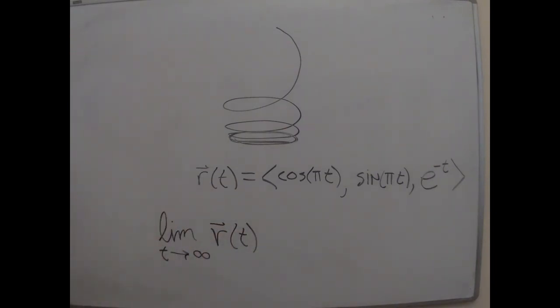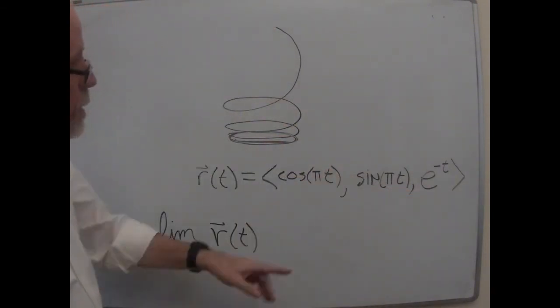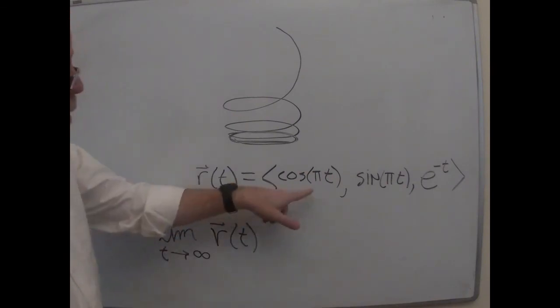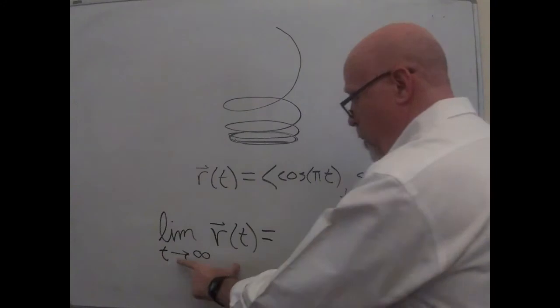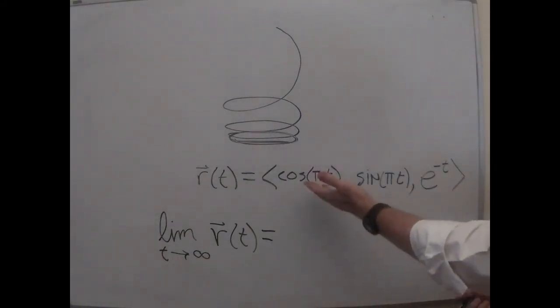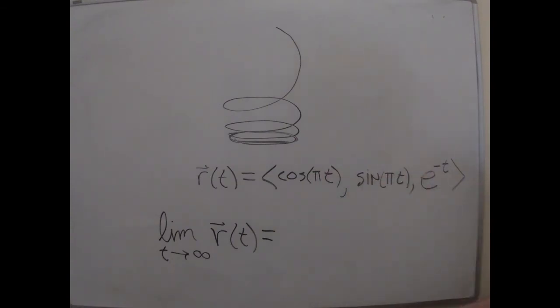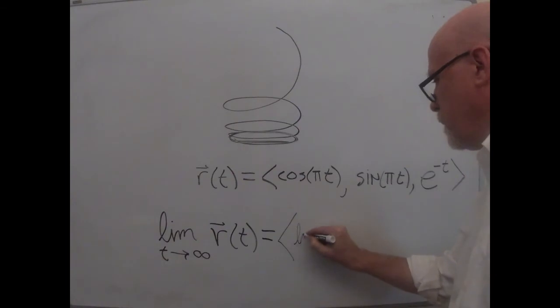So what do you make of it? Well, the z coordinate is just doing fine. It's going to 0. But what's happening to the x and the y coordinates? Because remember, the limit is defined by saying it's the limit of a vector, just take the limit of the various components. That is, make a vector out of the limits.